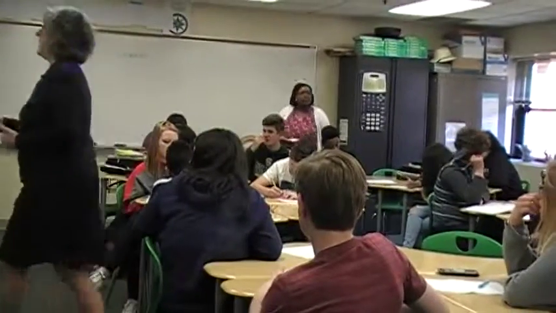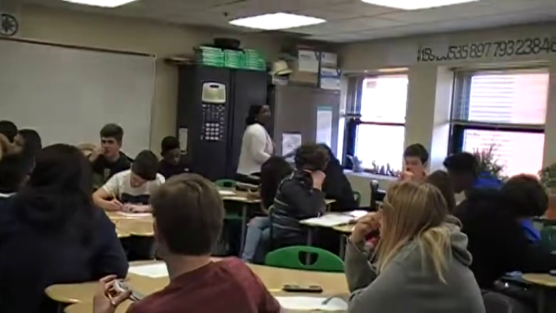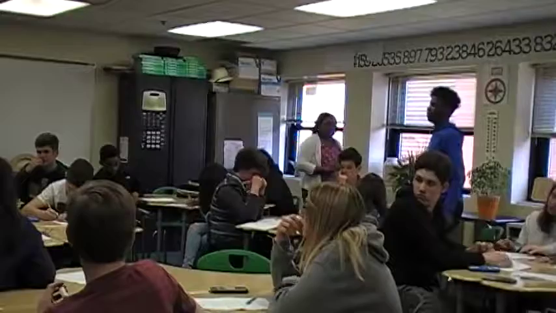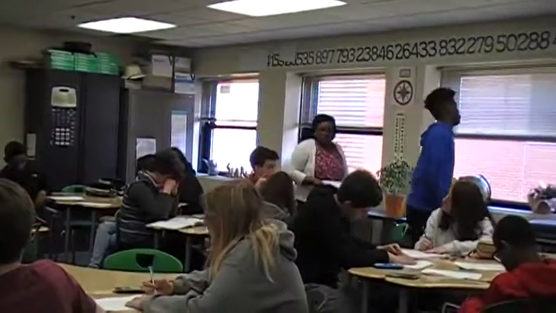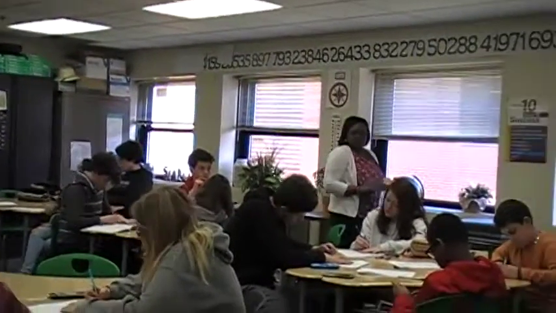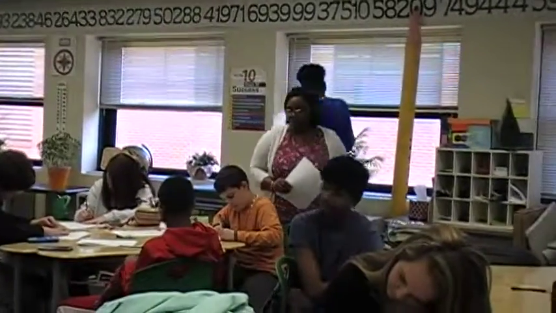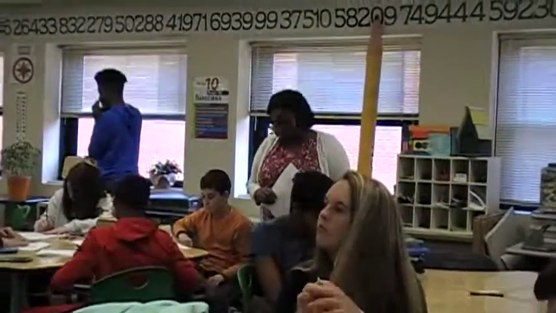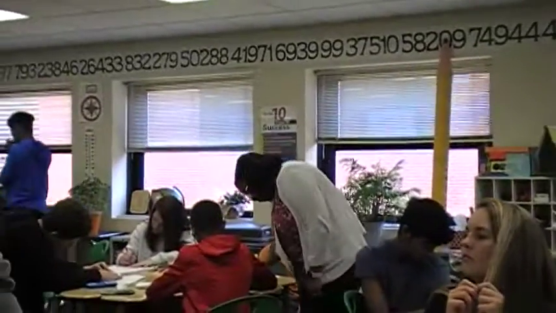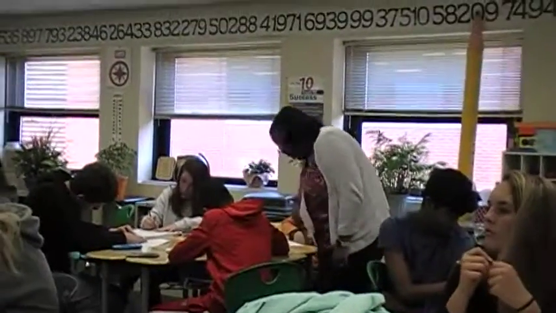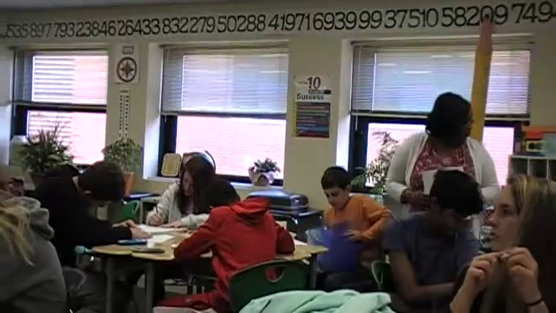So let's make 2 equations. We have an equation for Darren and we have an equation for his friend. How much is Darren starting off with?